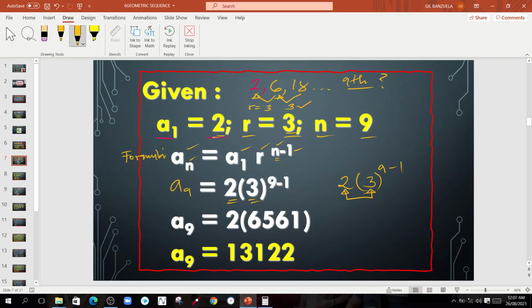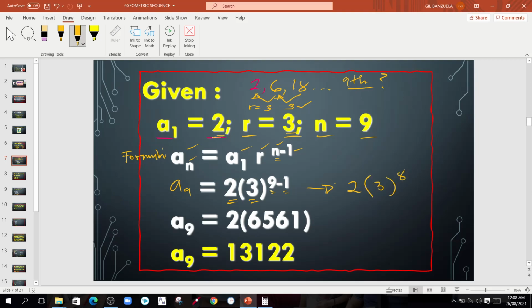So 9 minus 1. Then we will arrive at, so let's simplify. So we have 2, then 3 raised to 8, because 9 minus 1 is equal to 8.